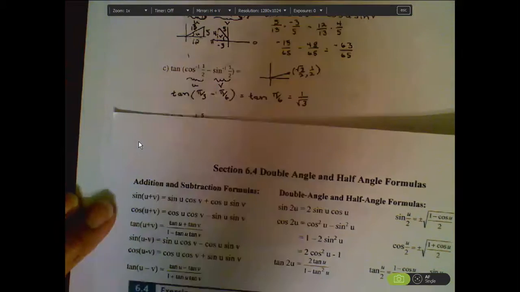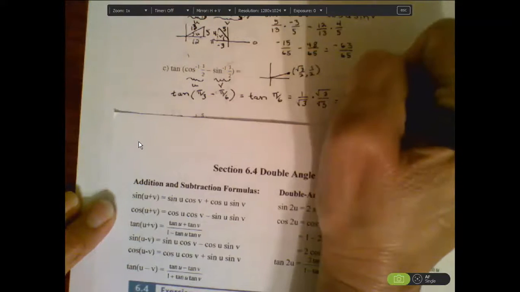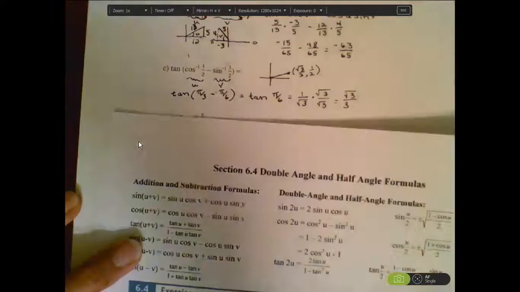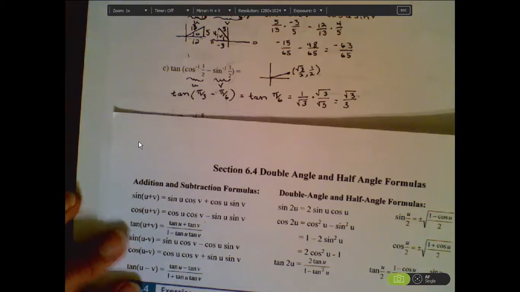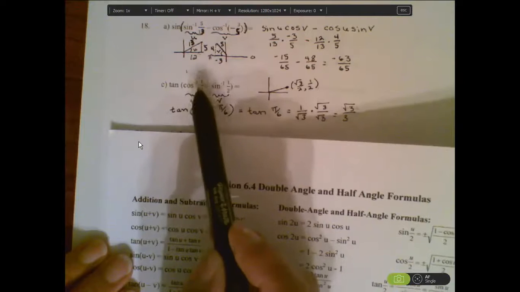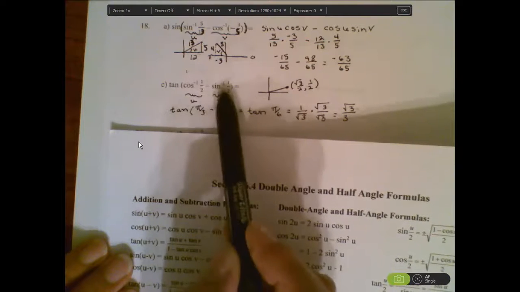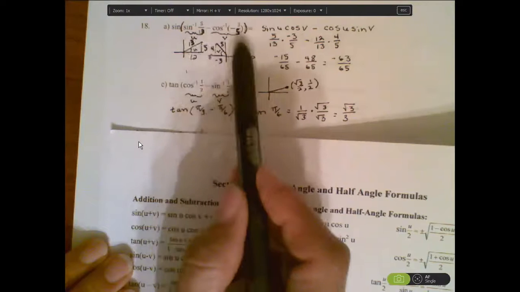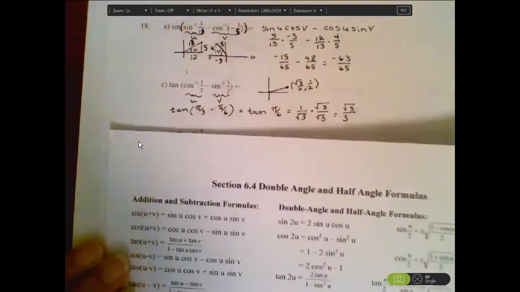That's probably not in the answer in the back of the book, because they probably will have rationalized it and will have written that answer as √3/3. So just understand the difference between these two problems: here I could tell you what these two angles were. Here I couldn't tell you what these two angles were, but I could draw them.